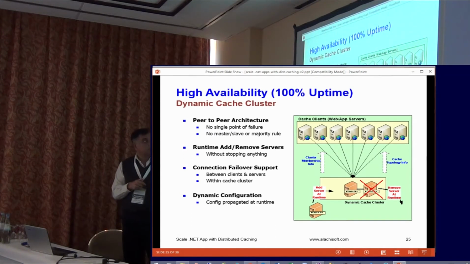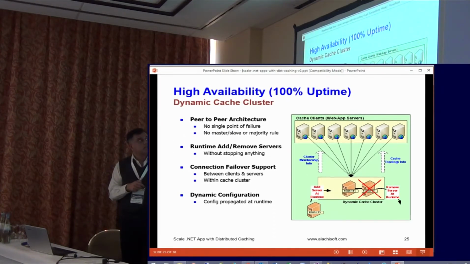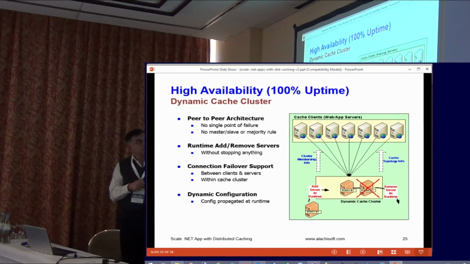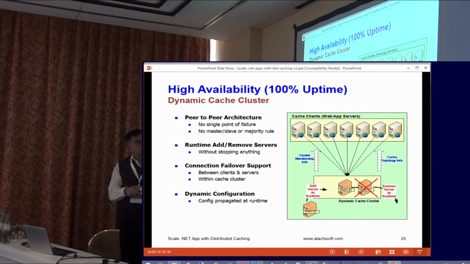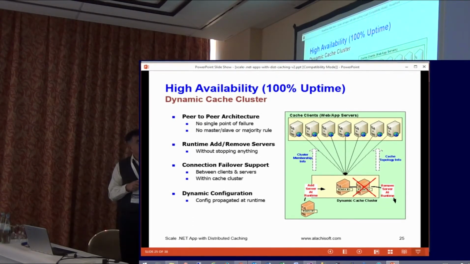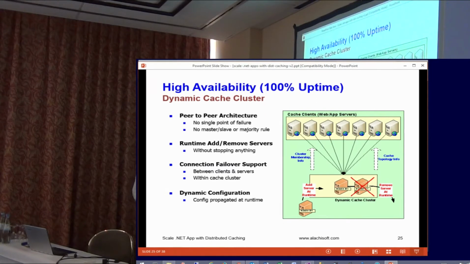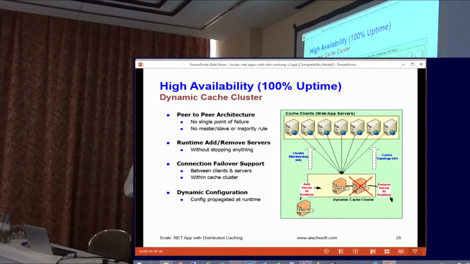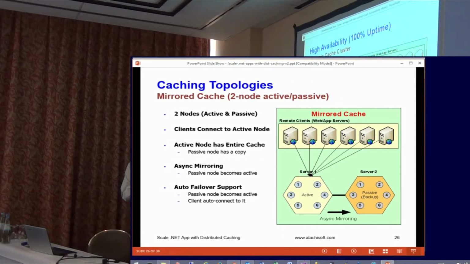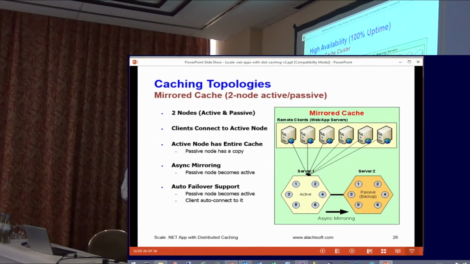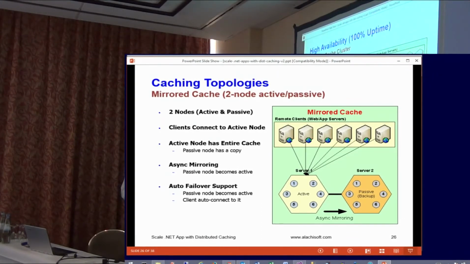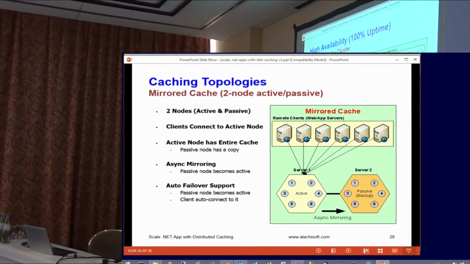The second is connection failover support. If any server goes down, any clients, and clients here are your server applications, connected to that server will not be affected. They'll continue to work with other servers. NCache has built-in logic where the client portion of NCache knows that it can connect to other servers.